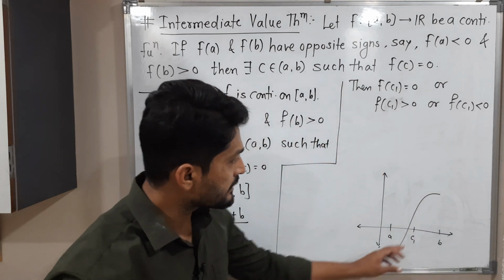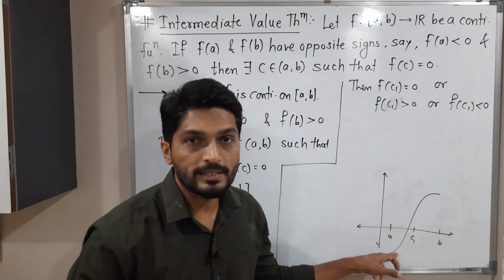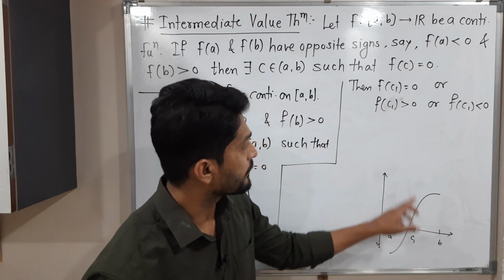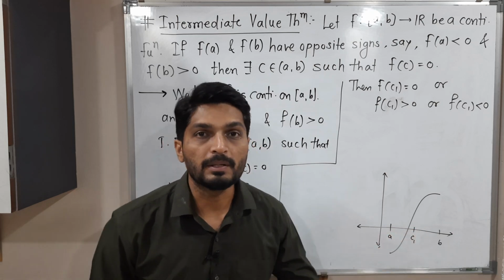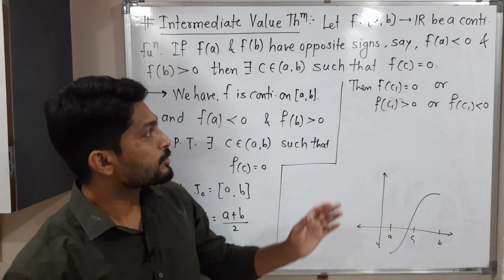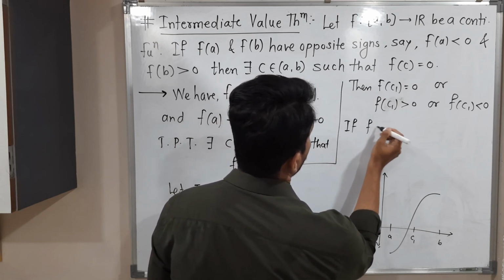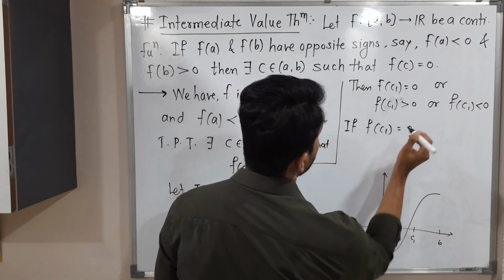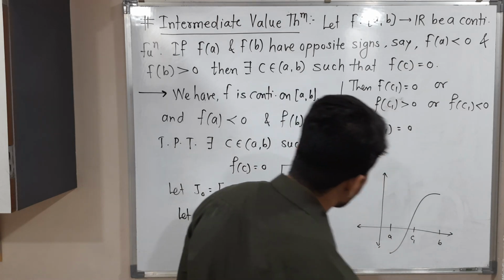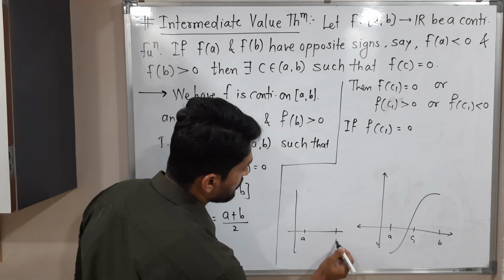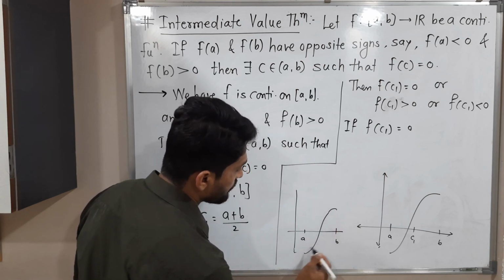So that means this curve passes through point C1. That means f of C1 is 0, or f of C1 is positive like this, or f of C1 will be negative. If f of C1 is 0, let me draw another diagram to show what I want to say. A, B, the function is like this.